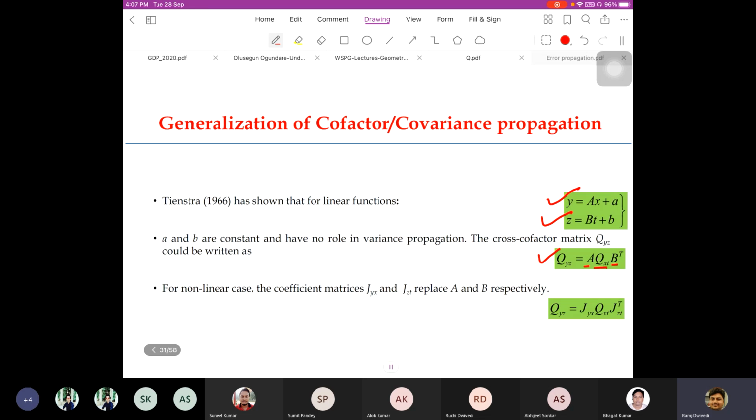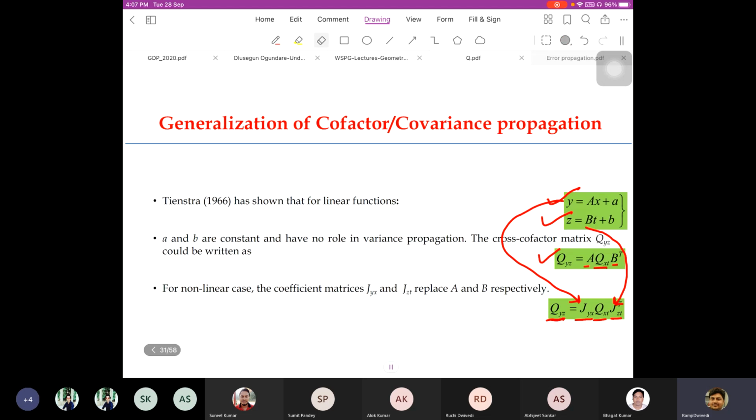In the non-linear case, it becomes Jacobian Q xt Jacobian transpose. It is very clear, because yx comes from the first one and zt comes from the second one. You can prove it also, but I'm leaving the derivation to you.